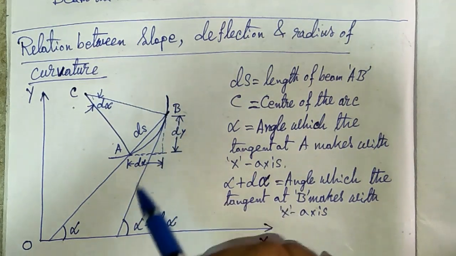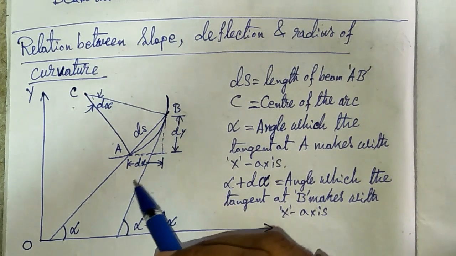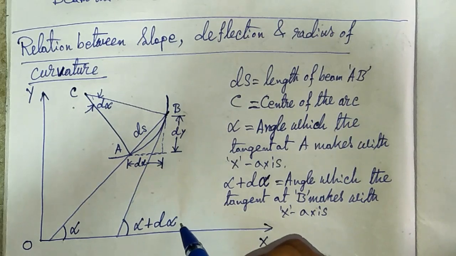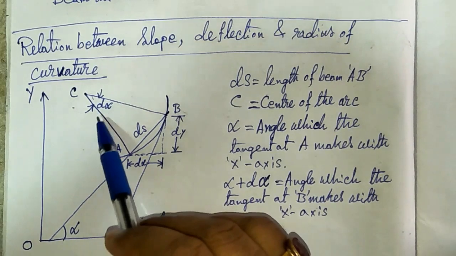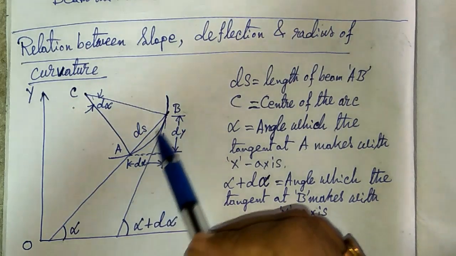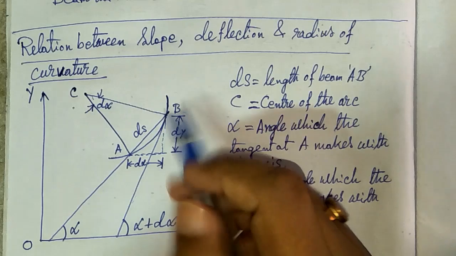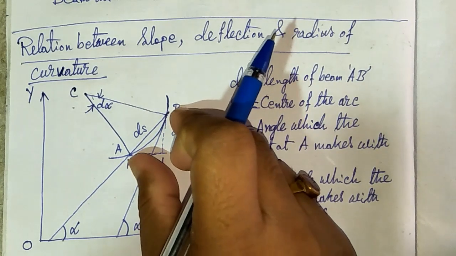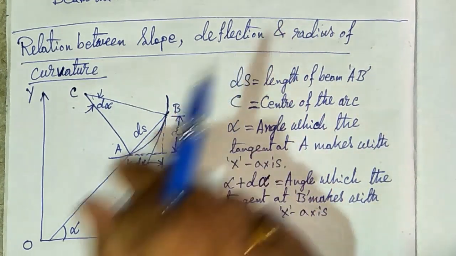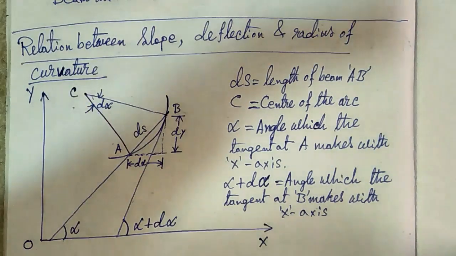Now we are going to take a tangent from point B, and the angle is alpha plus d alpha, and this d alpha is this angle, and this small portion is ds. We are assuming this is a straight line portion because it is so small a portion of the beam that we can assume it is a straight line.